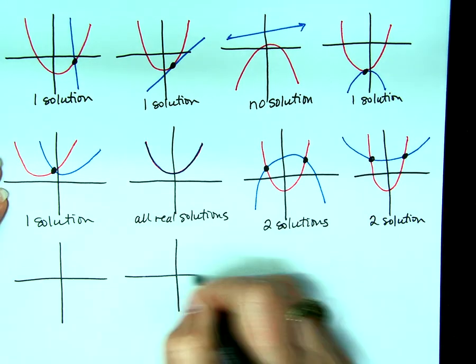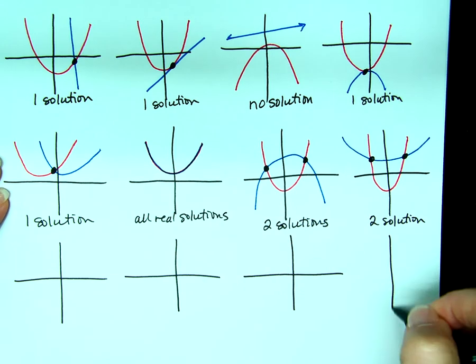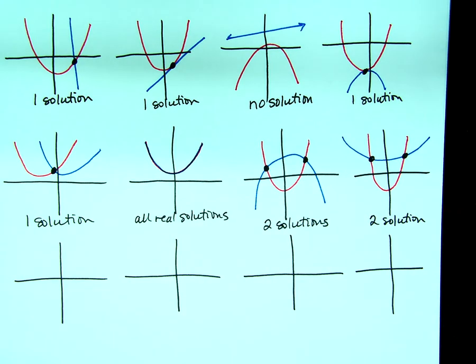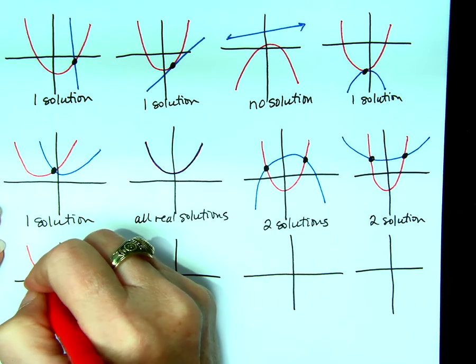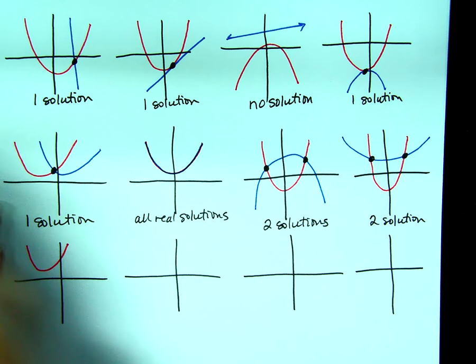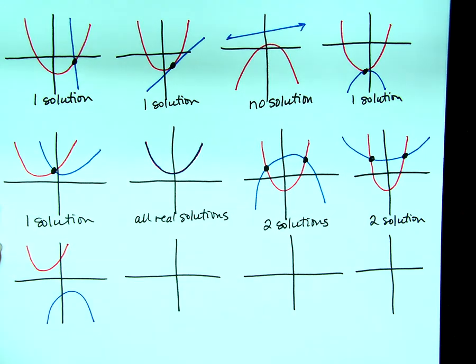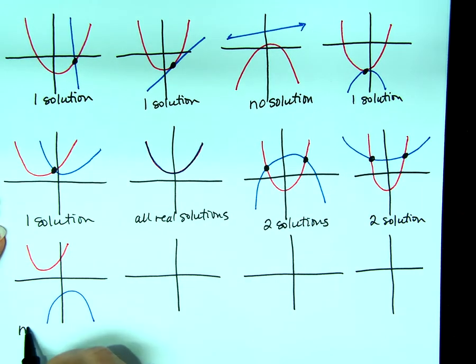No solution? What would that look like? Okay, so maybe one's up here, and then maybe one's down here. So no solution. Could there be three? Three solutions?